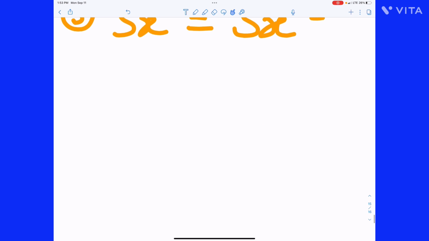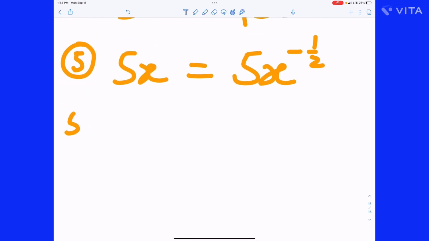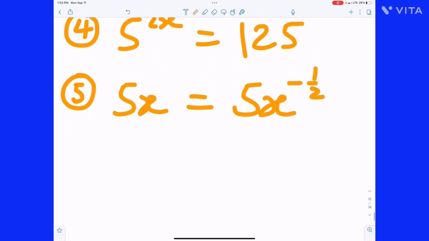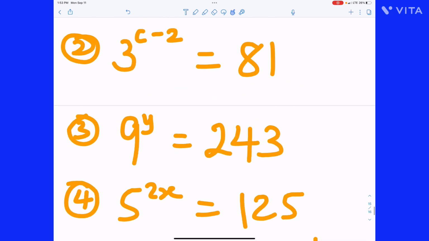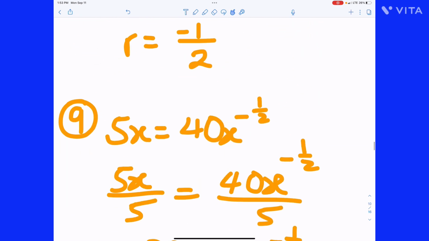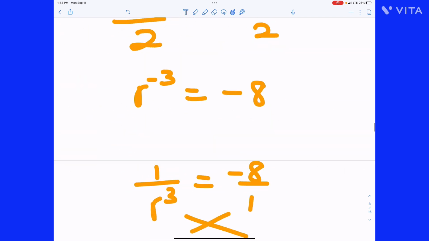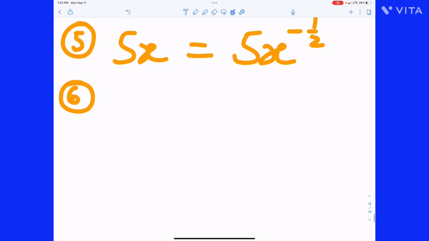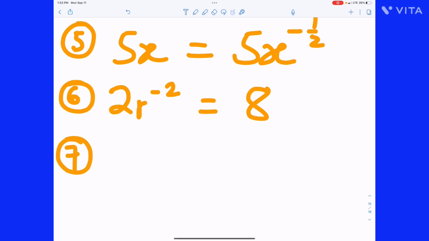Alright. Number 6. 2r raised to power minus 2 is equal to 8. Let's do it that way. 2r raised to power minus 2 is equal to 8.